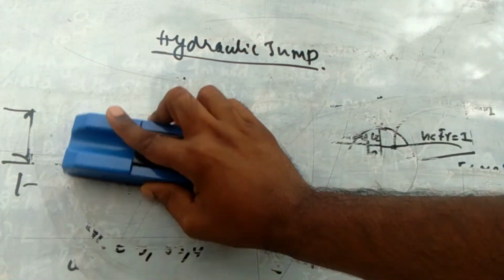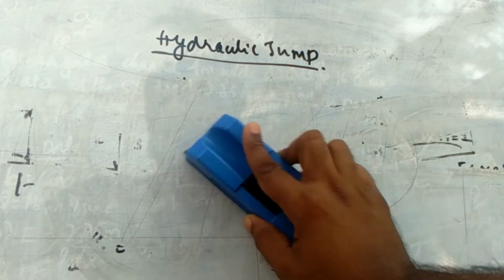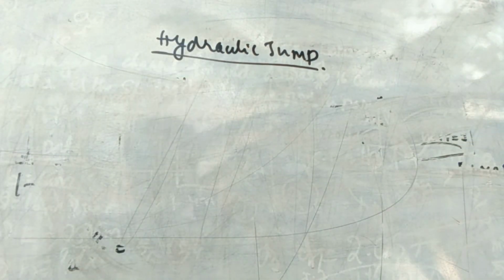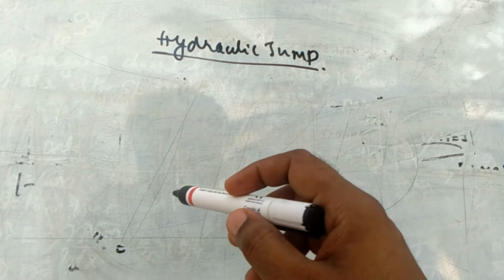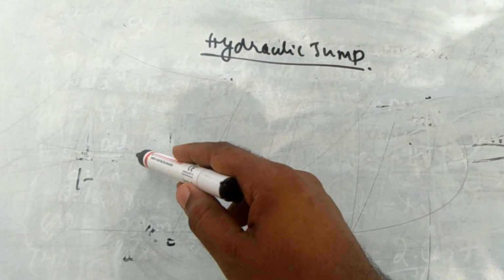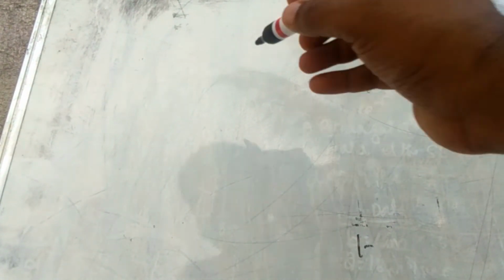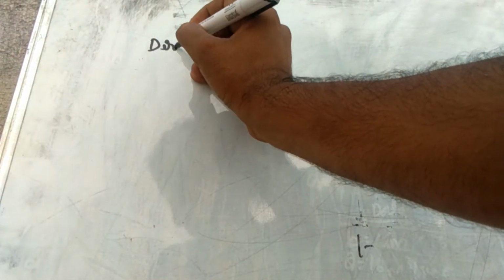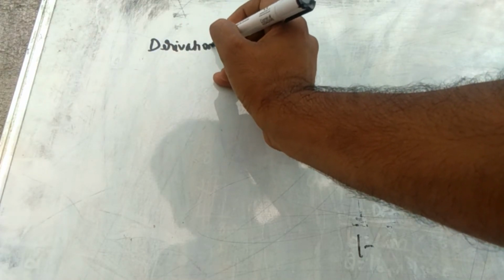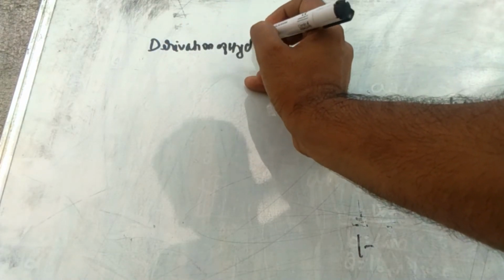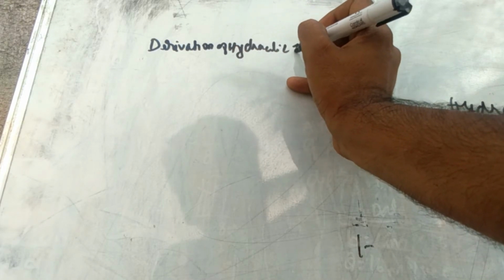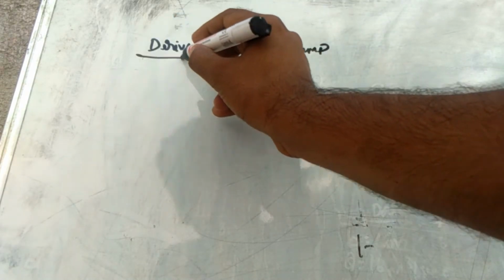The derivation part of the hydraulic jump: how we can derive the hydraulic jump. From the previous explanation, the water will flow, and we can start the derivation of the hydraulic jump from here.